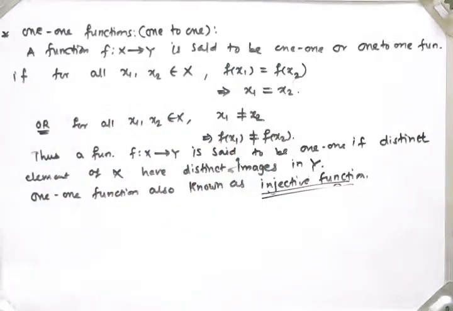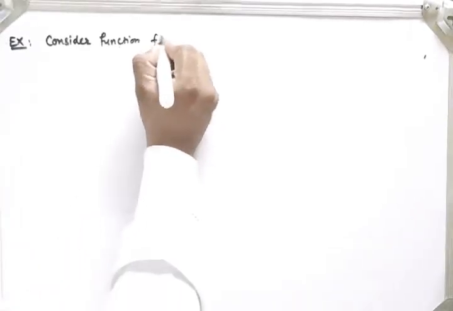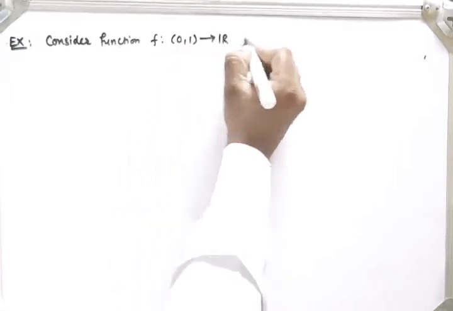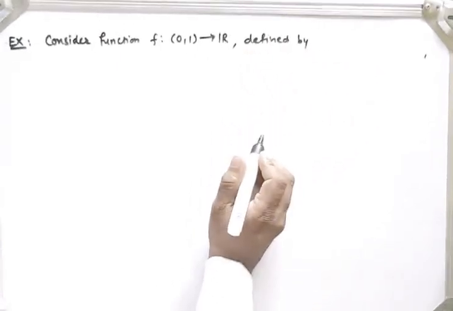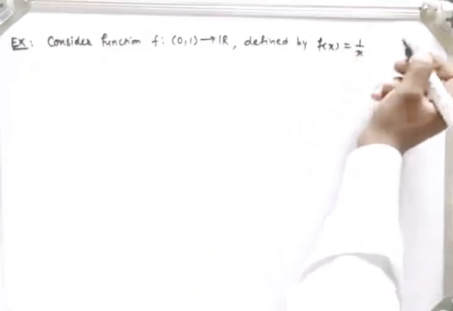Now let's see examples for 1-1 function. Example: consider function f from open interval (0, 1) to R defined by f of x is equal to 1 upon x.